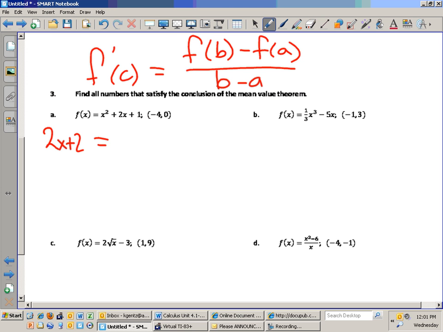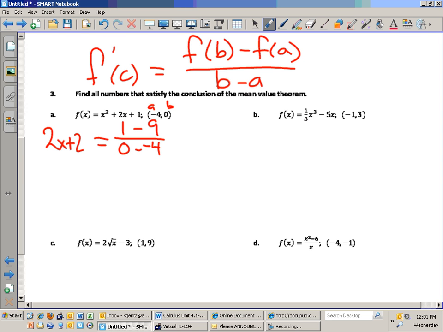Now note b is the second point, not the first point. So b would be 1. F of b would be 1 minus, what's f of a? Minus 9 over b minus a, or 0 minus -4.